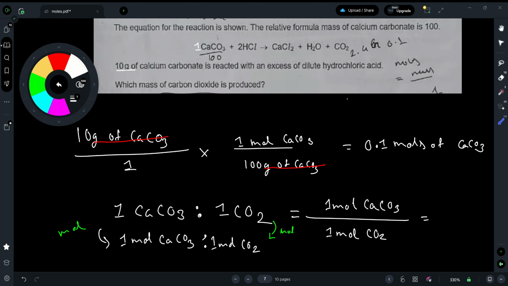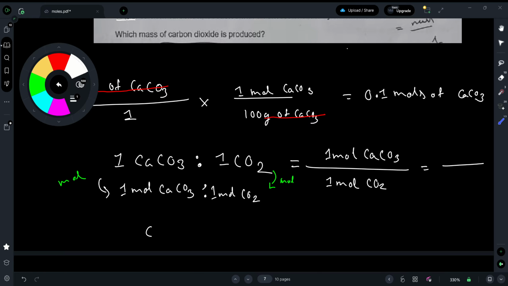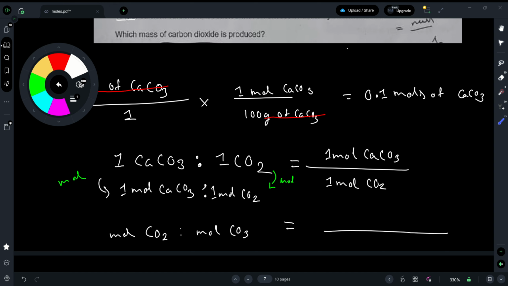You can also write the opposite ratio: for 1 mole of CO2, you get 1 mole of calcium carbonate.